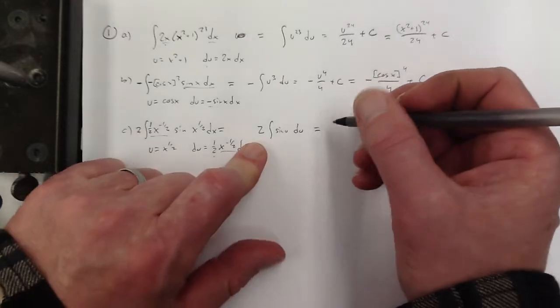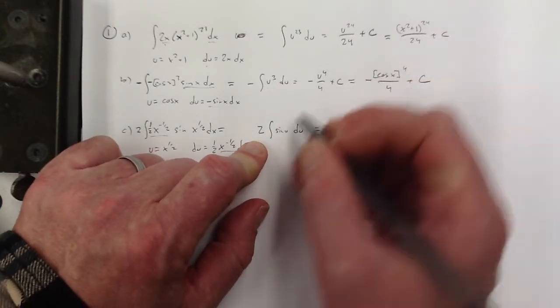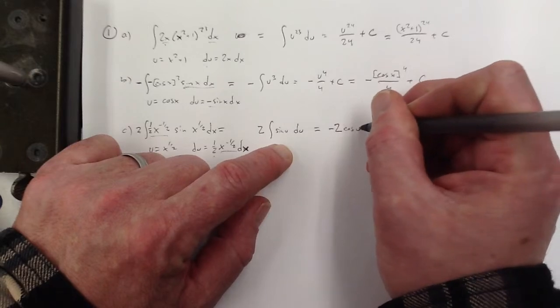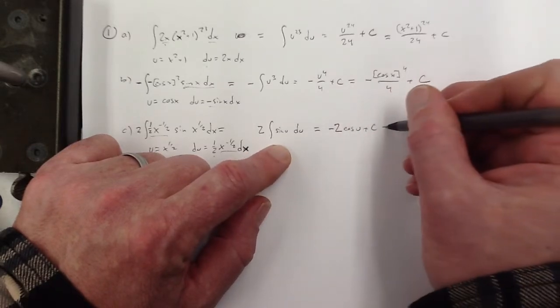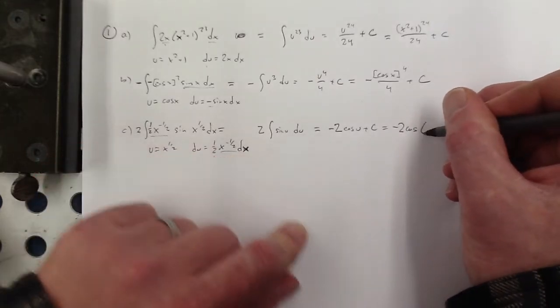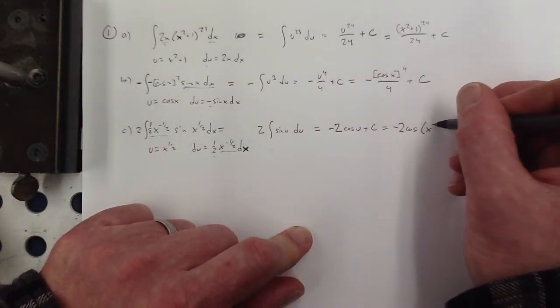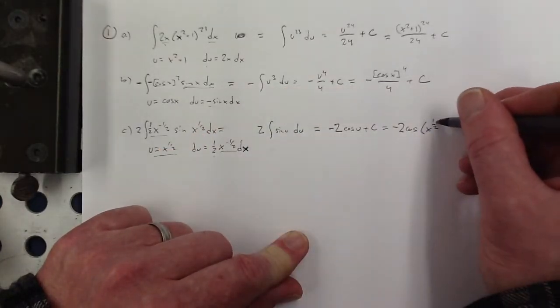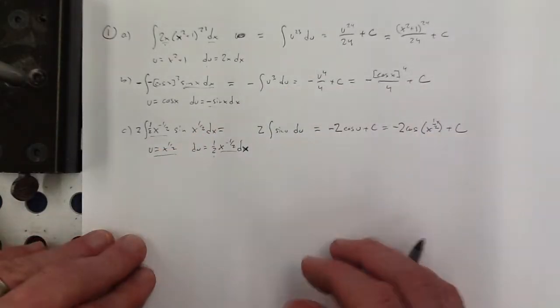The antiderivative of sine u is negative cosine u, so we get 2 times negative cosine u plus c. That's negative 2 cosine of x to the positive 1/2, that's my u, plus c.